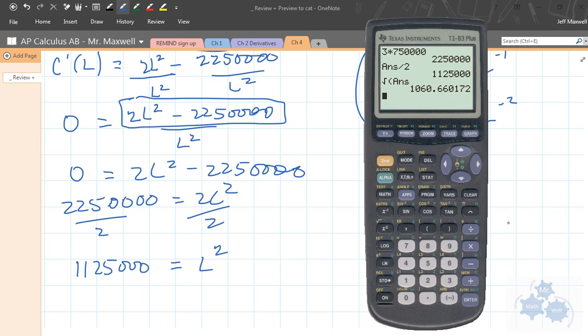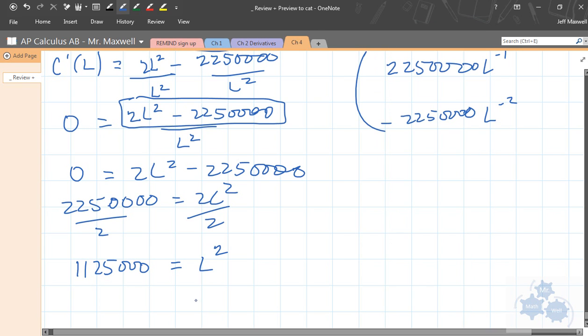Now, because this is a real life problem with actual lengths of material, you can just use decimals. If it asks you for exact numbers, then you have to leave it as a radical. But you can round it to decimal for most of these actual questions. So I get 1060.66 for L as a critical number.